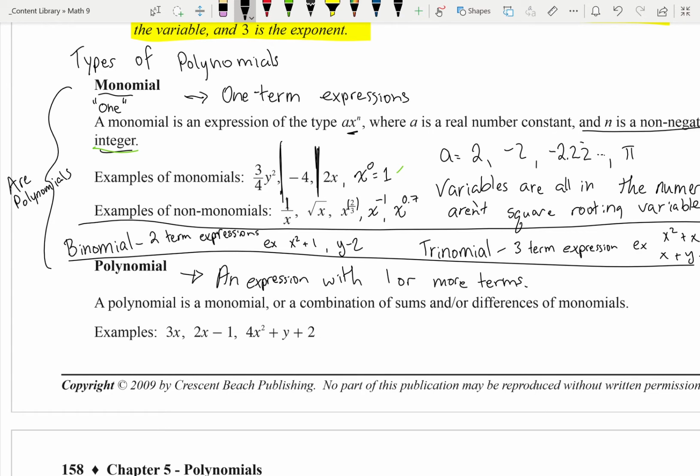So for example, they have 3x, they have 2x minus 1, they have 4x squared plus y plus 2. So this is a monomial, a binomial, and a trinomial, but I could also have 4x^4 plus 3x^3 plus 7x squared plus 8x negative, take away 14. I can keep writing terms, and that is still going to be a polynomial.